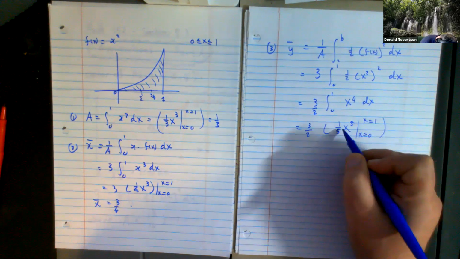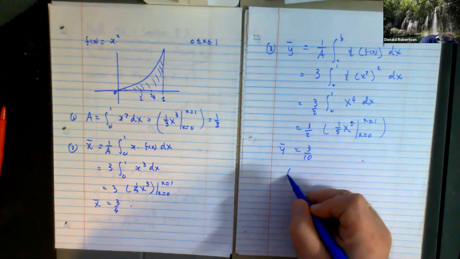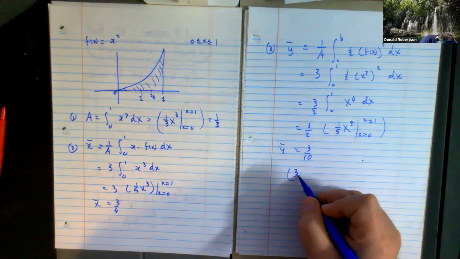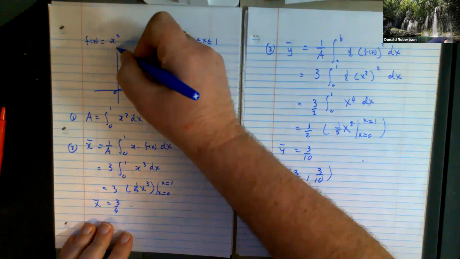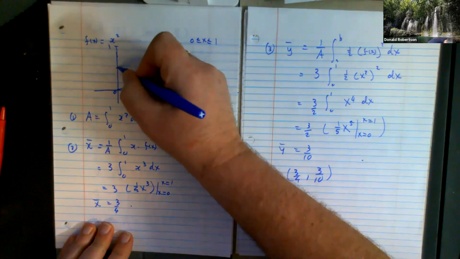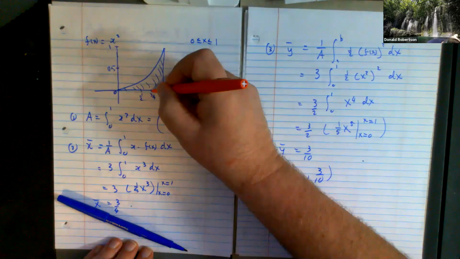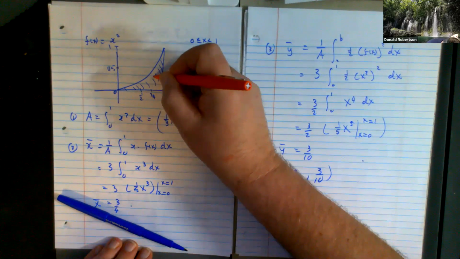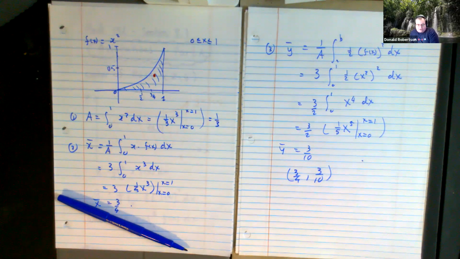And that guy gets you eventually 3/10. So the centre of mass is 3/4, 3/10. Now I happen to know that's 1, so it's about 0.5. So 3/4, 3/10. Roughly about there. So the centre of mass of that shape is quite right, you know, right hand side and quite high.